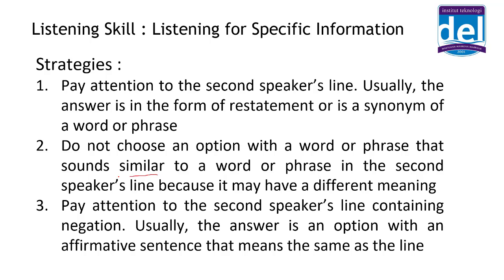A similar sound is not an option to choose, because it is what we call a diversion, and you don't want to choose that, because usually it will have a different meaning from the one that is intended in the listening. And then the last one is pay attention to the second speaker's line containing the negation. Usually the answer is an affirmative sentence that means the same as the line.